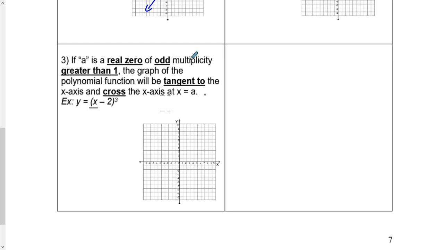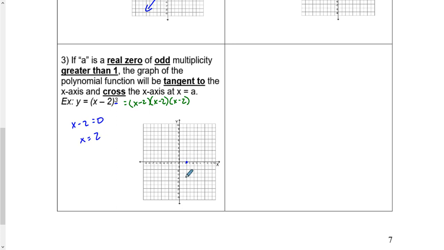And if we have an odd multiplicity greater than 1, say 3, because (x − 2)³ means x − 2 multiplied by x − 2 multiplied by x − 2, the graph of the polynomial function will be tangent to the x-axis and cross the x-axis at that 0. Again, x − 2 equals 0 at x = 2.